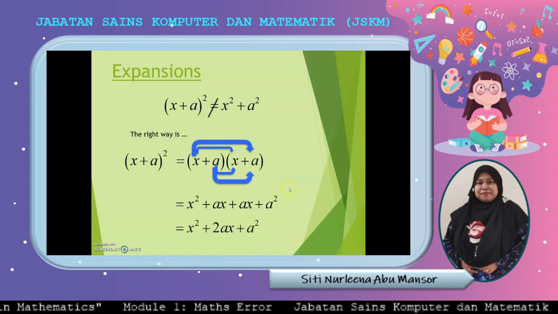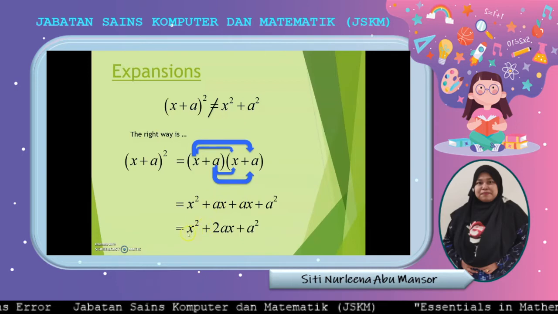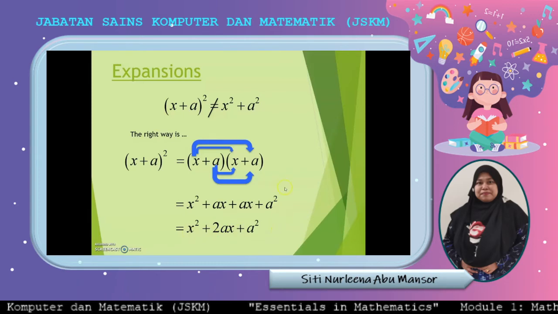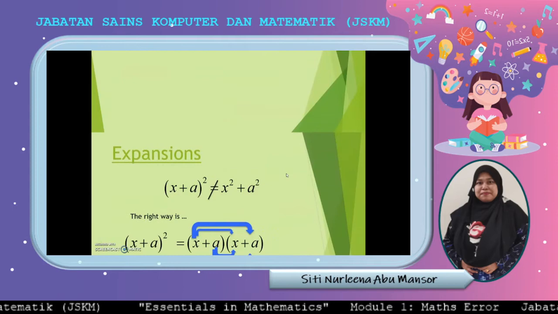So we get x squared plus ax plus a squared. Here we can see that we can add these, so the final answer would be x squared plus 2ax plus a squared. Okay, not x squared plus a squared.